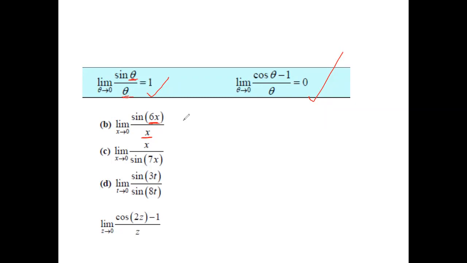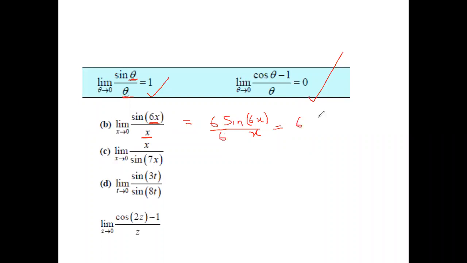So let's see how this works. Now I have sine 6x over here, and the denominator is only x. As it stands now, this is 6x, this is x, so they are not the same. But if I multiply the numerator by 6 and divide by 6, then I can re-express the denominator as 6x.